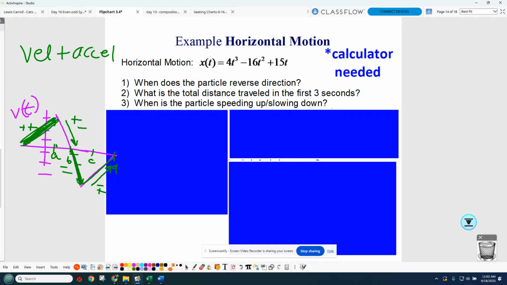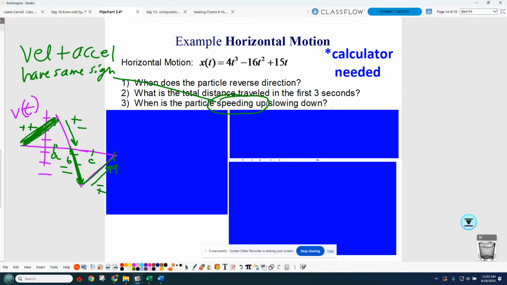What do you notice? If it's the same sign, then it's speeding up, and if they're different signs, then they're slowing down. So if velocity and acceleration are going the same direction, they're vectors, then you're speeding up. If velocity and acceleration have opposite signs, you're slowing down.